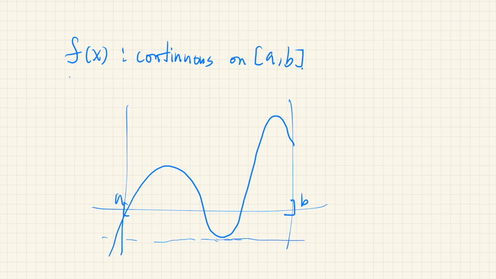So this is the minimum value, and this value is obtained at this point x, and the maximum value is this one. So these are global minimum and global maximum values.